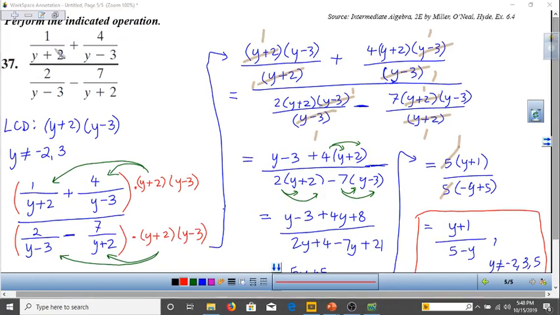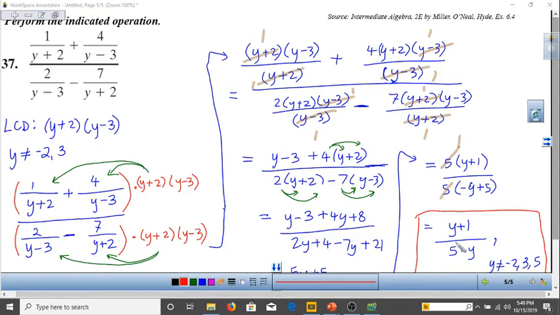So when I plug in 0 here, I get 1/2 plus negative 4/3 in the numerator, and I can just do that on the calculator. 1/2 minus 4 over 3, and then I'm going to divide that by what I get in the denominator, negative 2/3 minus 7/2, and that would give us 1/5, just as it would have here.